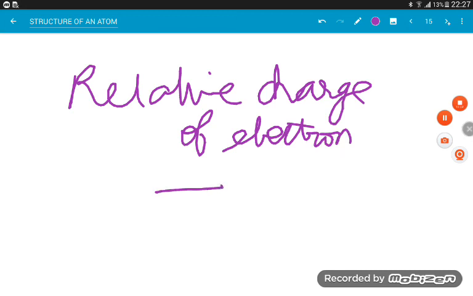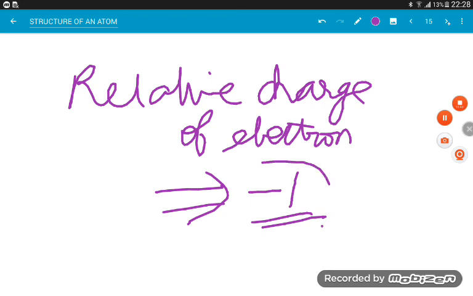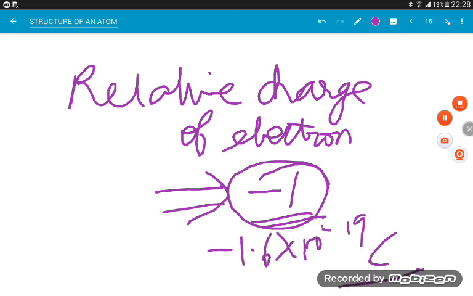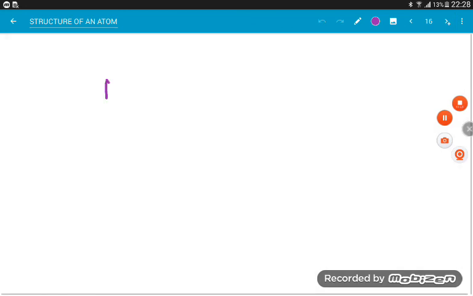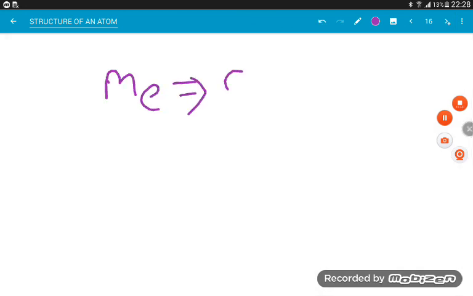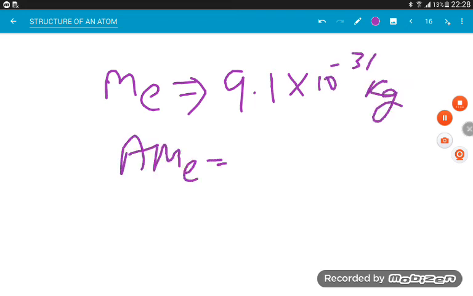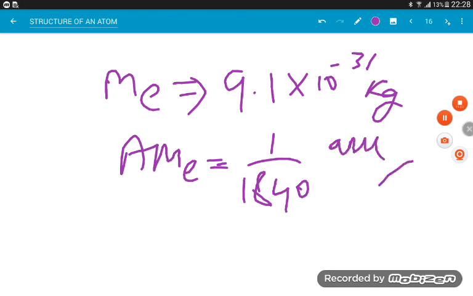The relative charge of the electron is nothing but -1. You know this, right? The absolute charge of an electron is -1.6 into 10 power minus 19 coulombs. The mass of an electron is 9.1 into 10 power minus 31 kg. The absolute mass of an electron is 1 by 1840 AMU, right?